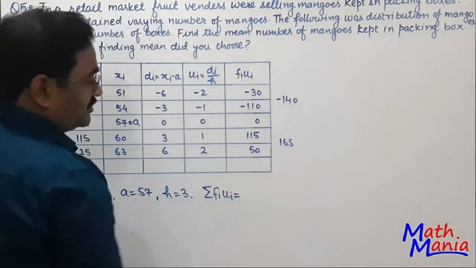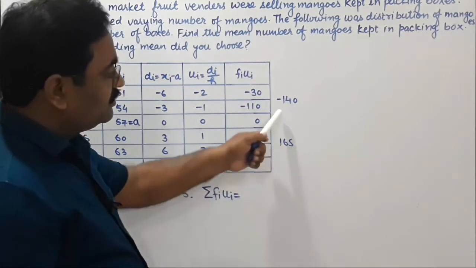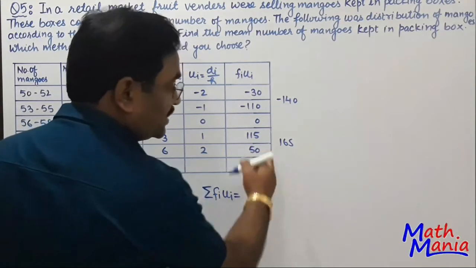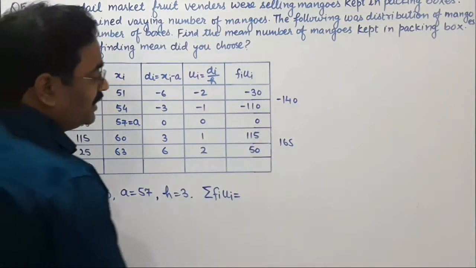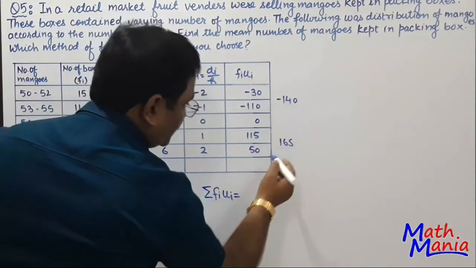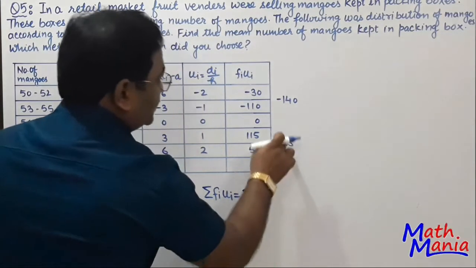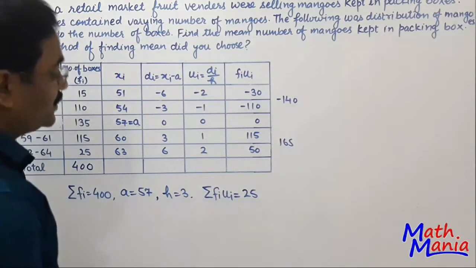It is clearly visible. So जब इन दोनों नंबर्स को हम ऐड करेंगे, we will get plus number because this 165 is greater than 140, 165 minus 140 which gives you the value 25.